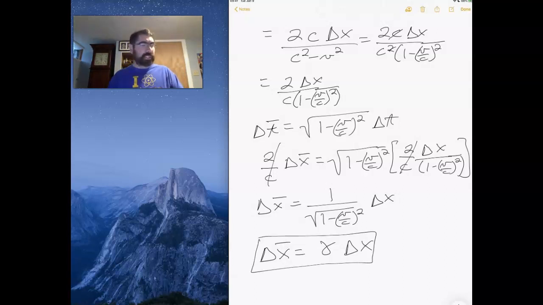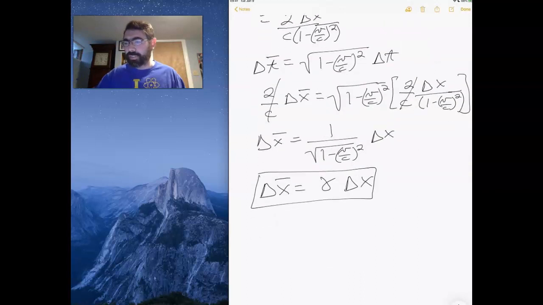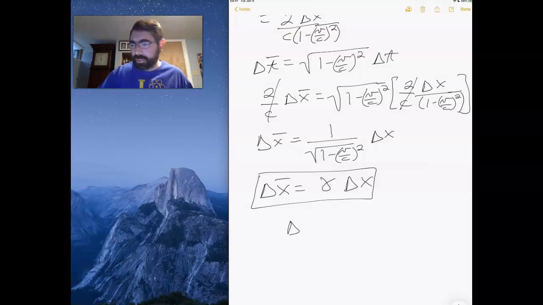Okay. So what you see is that length is contracted. The measurement of the length when it's at rest versus the measurement of the length when it's not at rest is going to be contracted. Let me repeat. This is the length when it's declared to be at rest.